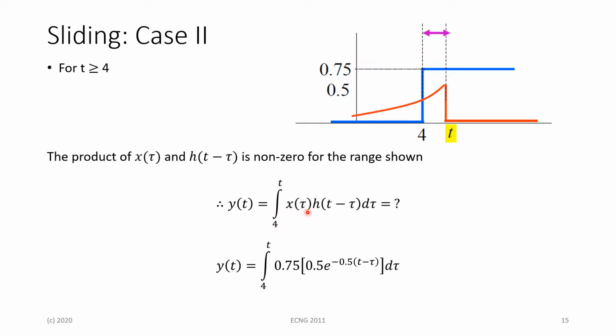And x of tau here, we know, was basically 0.75 u of t minus 4, but because we know it's u of t minus 4, we just say 0.75 here for the integral equation. And our h of t minus tau signal for this curve here was 0.5 e to the negative 0.5 times t minus tau, and all this is being integrated with respect to d tau here, and then we'll substitute in our uppermost and lowermost limits to get it back with respect to t to obtain y of t here.